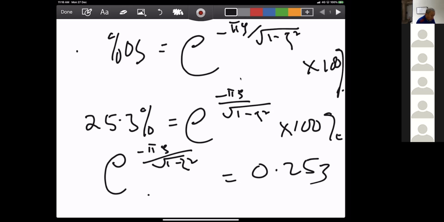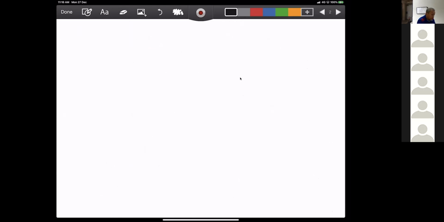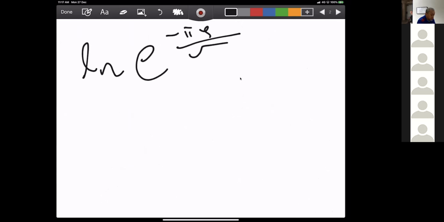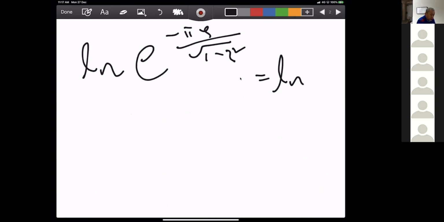We apply the natural logarithm left and right. Natural logarithm of 0.253.